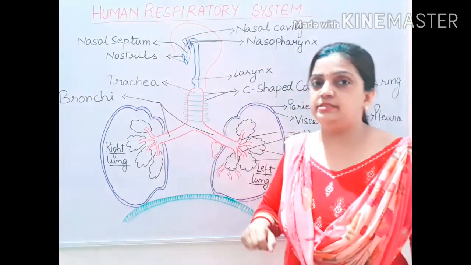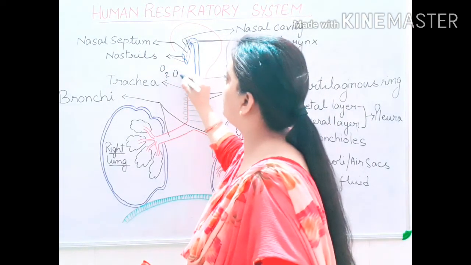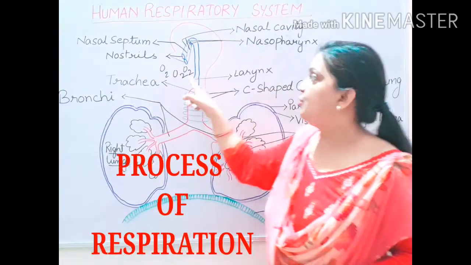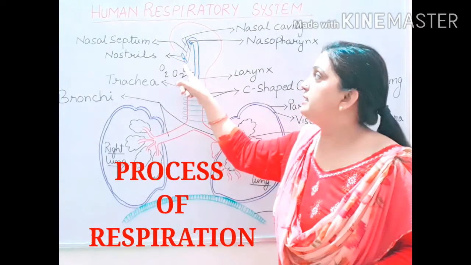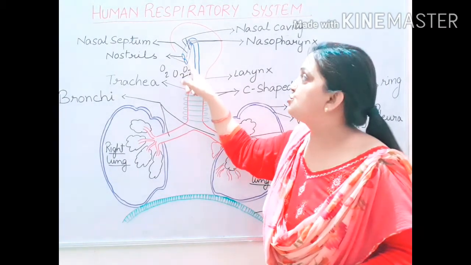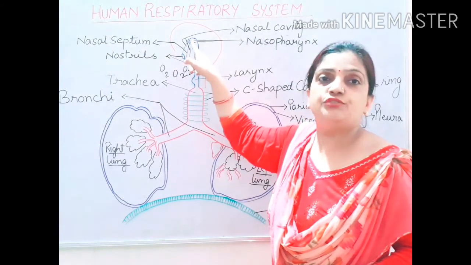What happens now? Suppose oxygen is present in the atmosphere. This oxygen from the atmosphere will enter into the nostril. That oxygen will pass through the nasal cavity. Then it will come into the nasopharynx.